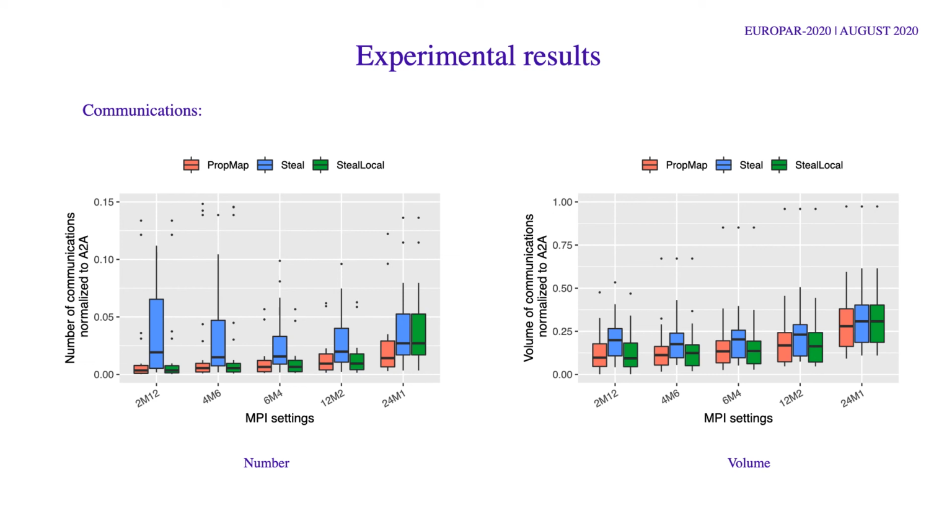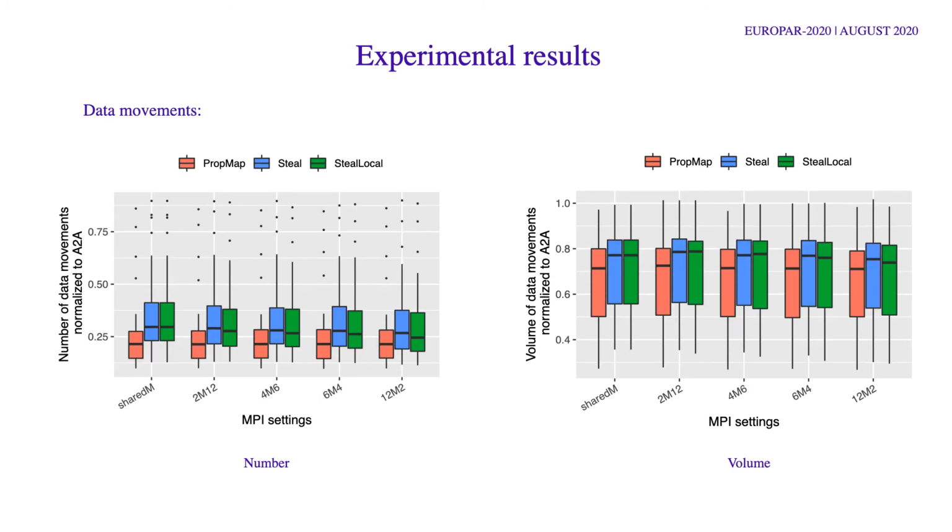The number and volume of communication of steal is the same as proportional mapping and far lower than the reference algorithm all-to-all. And those two figures show the performance on the data movements inside an MPI node. Steal and steal local have more data movements than proportional mapping, but less than the reference heuristic all-to-all, especially the number of data movements.